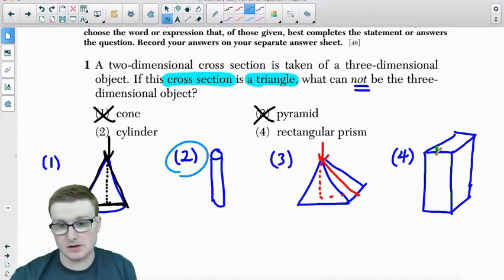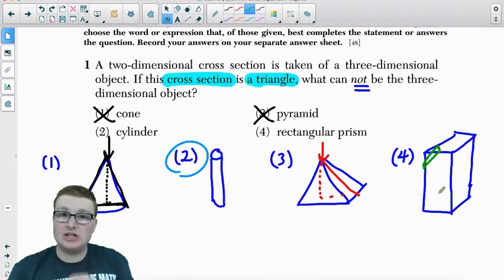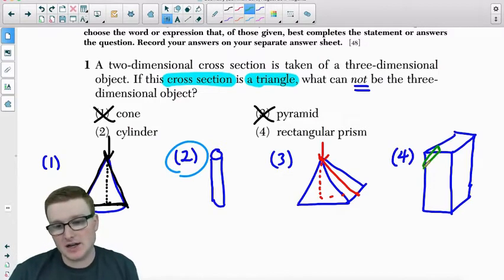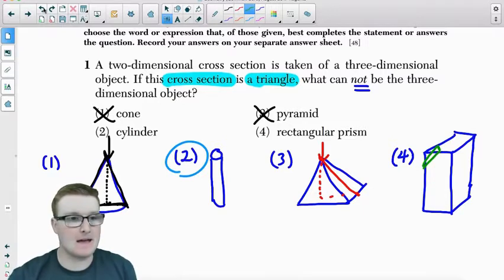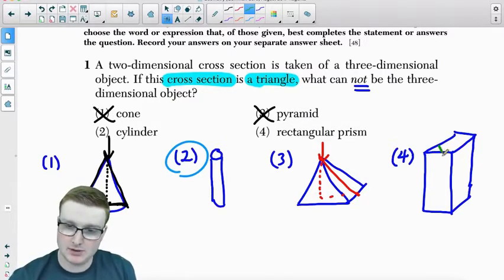Look at this, folks. Look at this. If I were to just slice off a corner of this, if I could draw it correctly, look at that. I could take off a chunk and, I know you can't see it, but it does create a triangle. I wish I could draw it a little bit better just because I know that it's pretty difficult to see.